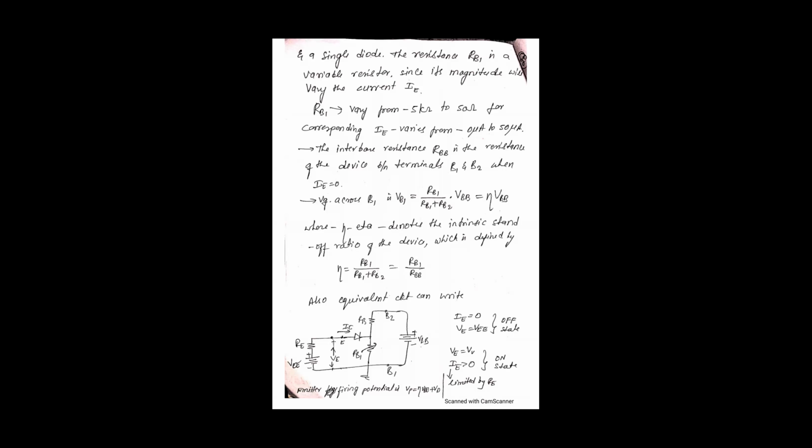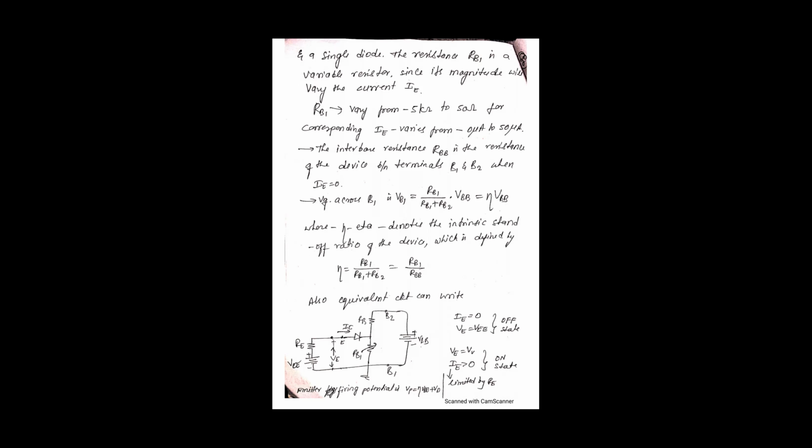In the equivalent circuit we have RE and VEE, which combine so that VE is equal to IE into RE. We have a diode at the emitter terminal connected to the junction of the two resistors RB1 and RB2, and the supply voltage VBB is applied between the two.